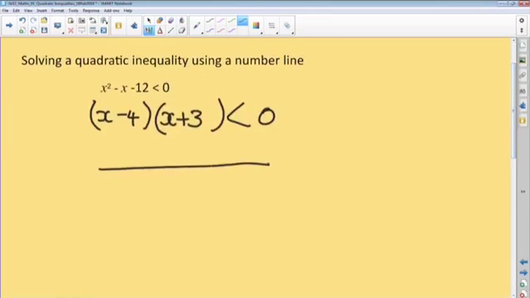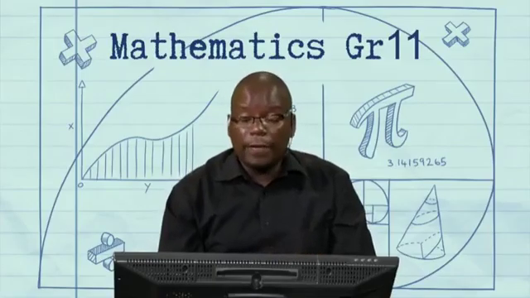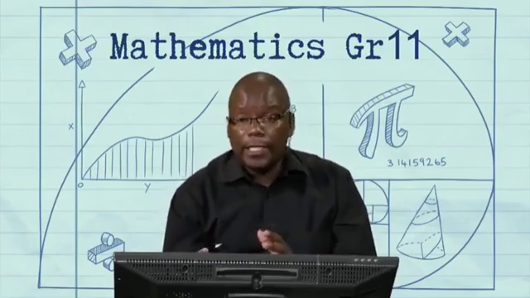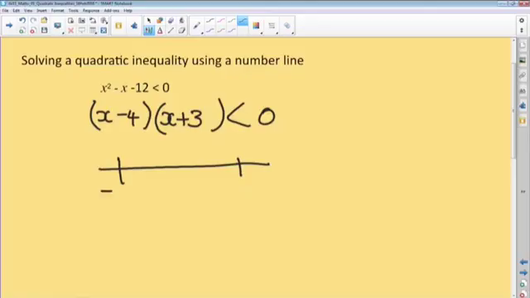Now, remember, we've got two solutions for this quadratic equation, or rather inequality. What are going to be your critical values? After solving for x, you will get x equals minus 3 and then x equals 4. Now, with your number line, and looking at this, it is your less than 0.